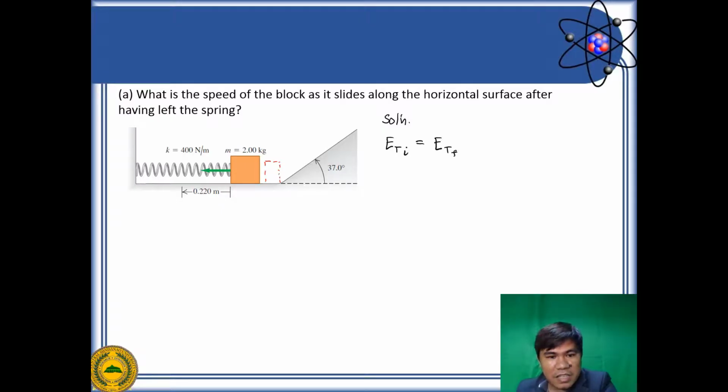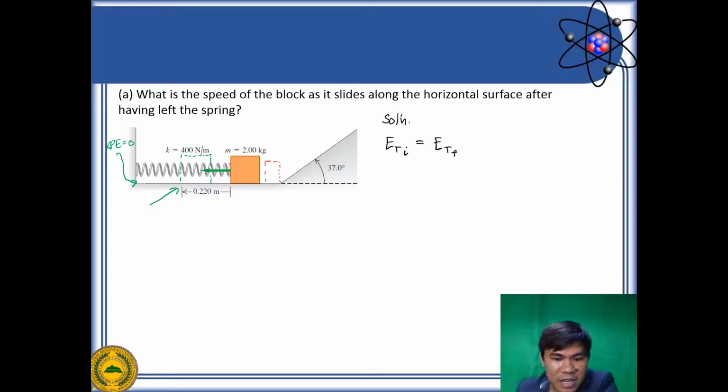So the initial state is when the box is compressed, and when we try to examine the energy present on that, we know that the box is actually stationary, so the kinetic energy is zero. And the gravitational potential energy is also zero, since we will set this horizontal surface to be our reference point for the potential energy.